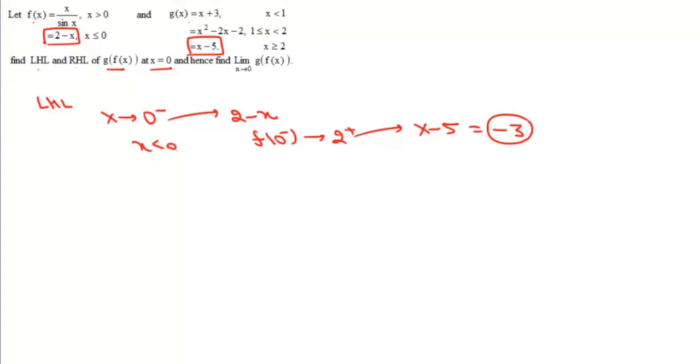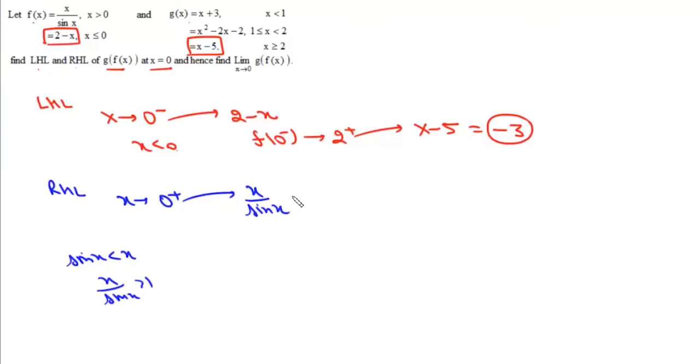Now if we look at its right hand limit, which is x tends to 0 positive, when x is greater than 0, it will go to x upon sin x. Now we know that sin x is less than x. That means x upon sin x is greater than 1. So basically this is 1 positive.